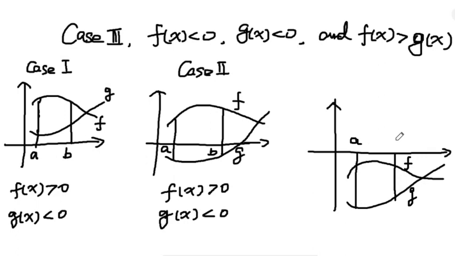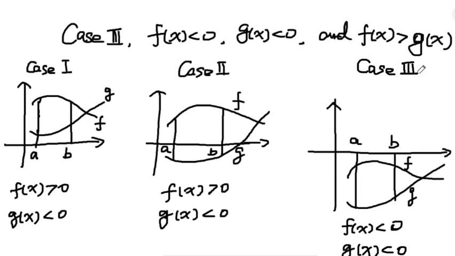So from a to b, to estimate the area of this region, this is the case when f and g are both negative, which we call case 3. Can you check the height of case 3 quickly? What is the height of the approximating rectangle in case 3?